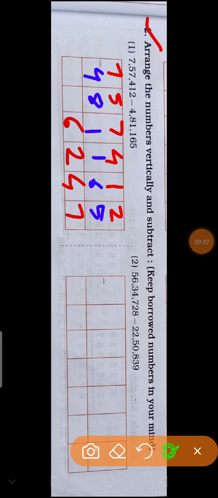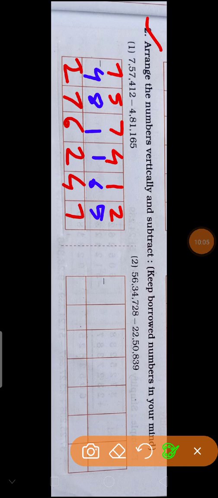Then again we will take a borrow from the next place. So here 15. 15 minus 8, 7. Now here 6. 6 minus 4, 2. So what is the answer? 2,76,247. Here we have not written the borrow numbers.